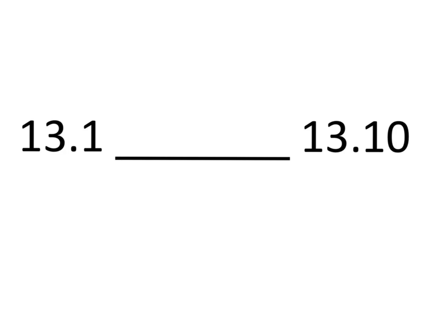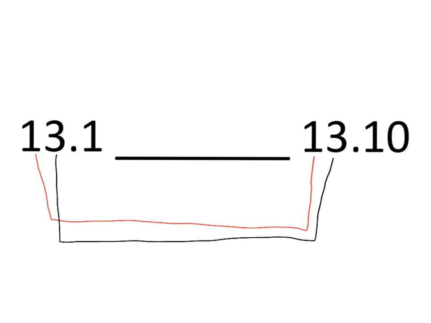Okay, our next one is 13.1 is greater than, less than, or equal to 13.10. So clearly looking at both of these decimals, we can see that they have a 1 in the tens. They have 3 ones. So right now it's a tie. They're both equal. But now let's look into the decimals. And in the decimal, I see a 1/10, but I also see a 1/10 on that side.